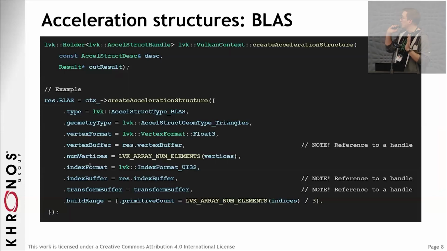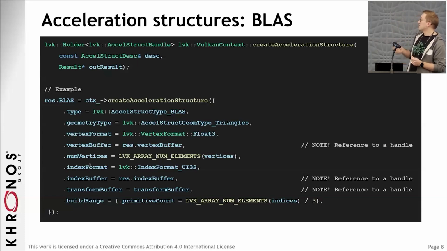So let's start going into some code, and I'll show you what handles are. This is code from our sample from LightweightVK. As you can see, we create an acceleration structure, at the bottom level in this case, and we return a handle from it. By this handle, we can later access this acceleration structure.